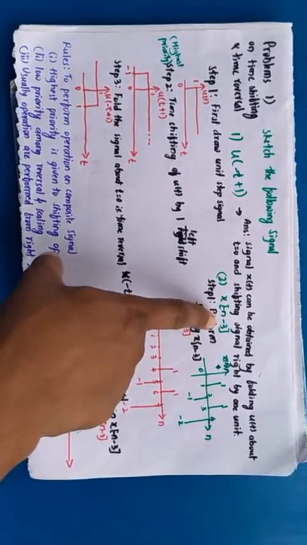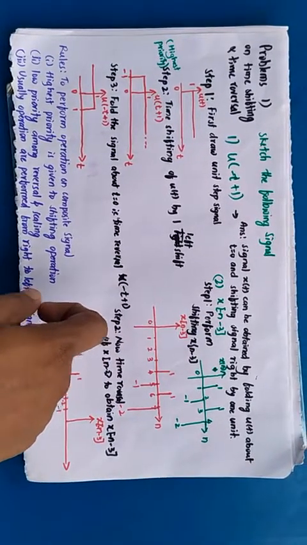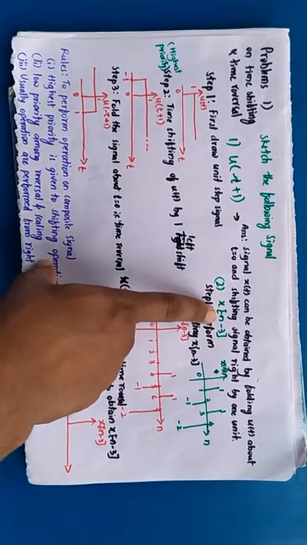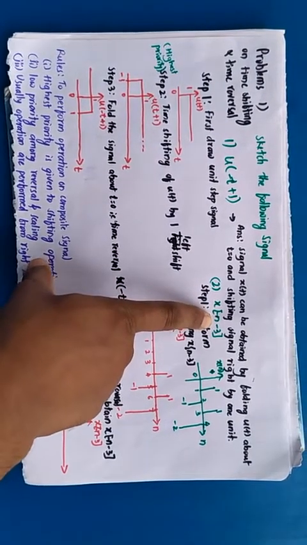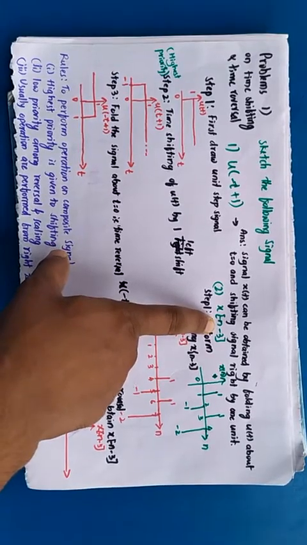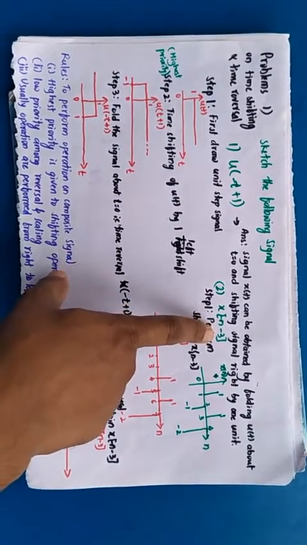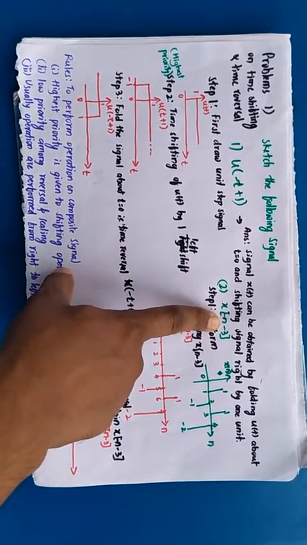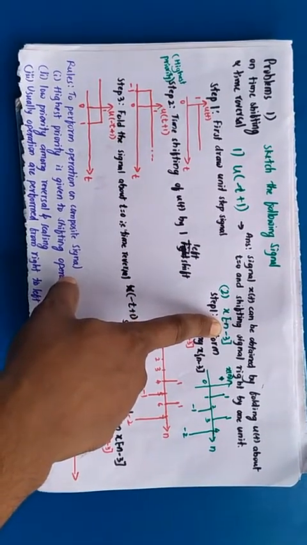By looking at this problem, what will be the first operation, what will be step 1? Step 1 will be performing the time shifting on x of n. How many units of time shifting? 3 units, so we will be calculating n minus 3.